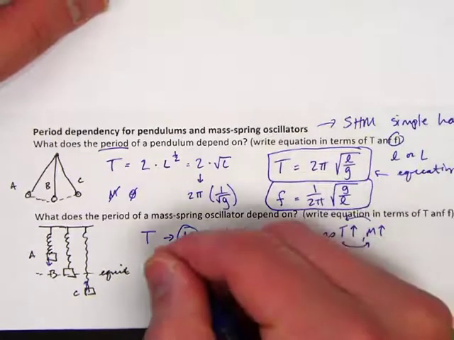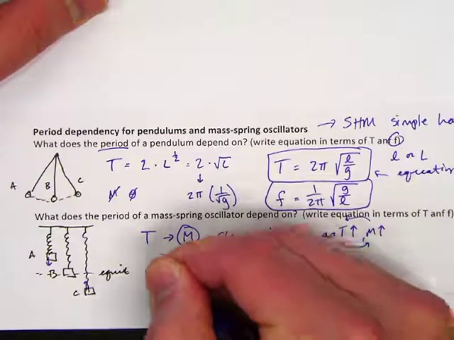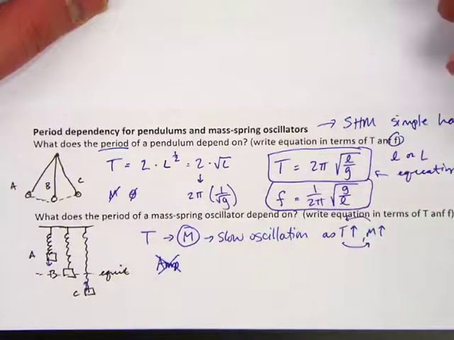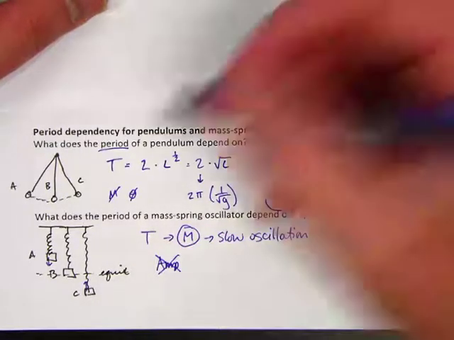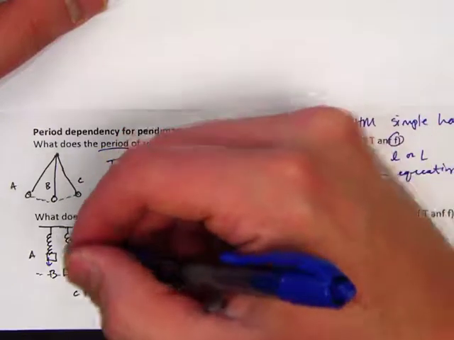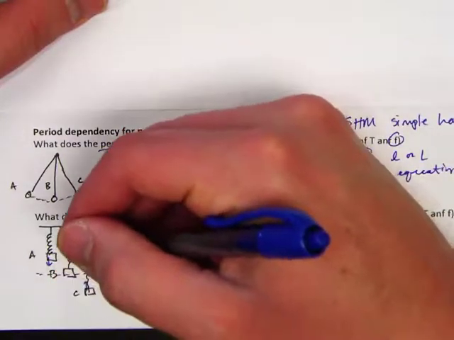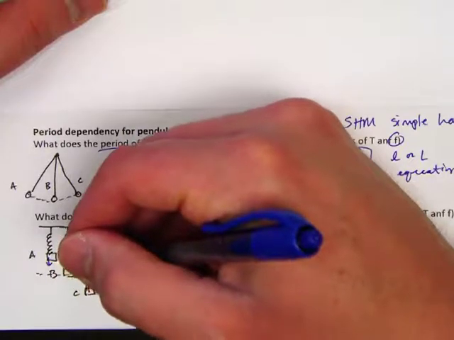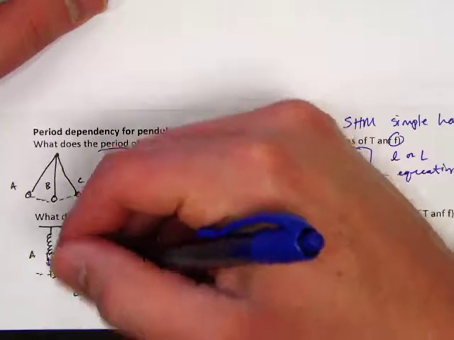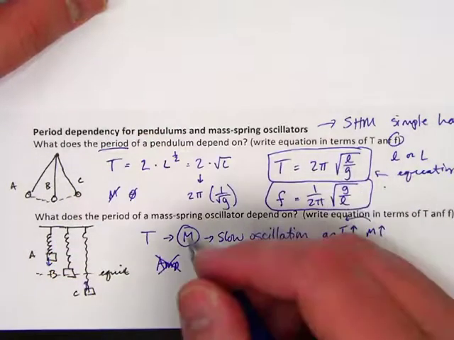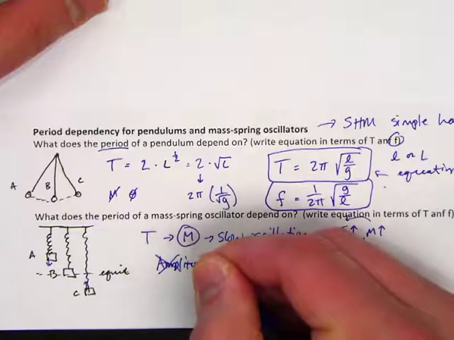It turns out that amplitude does not significantly impact it, so long as you don't exceed the elastic limit. One of the reasons for that is, as you stretch it more, the forces cause greater accelerations. If you stretch it only a little bit, there's less of an acceleration. And that ends up canceling out in the derivation. So amplitude does not affect period.